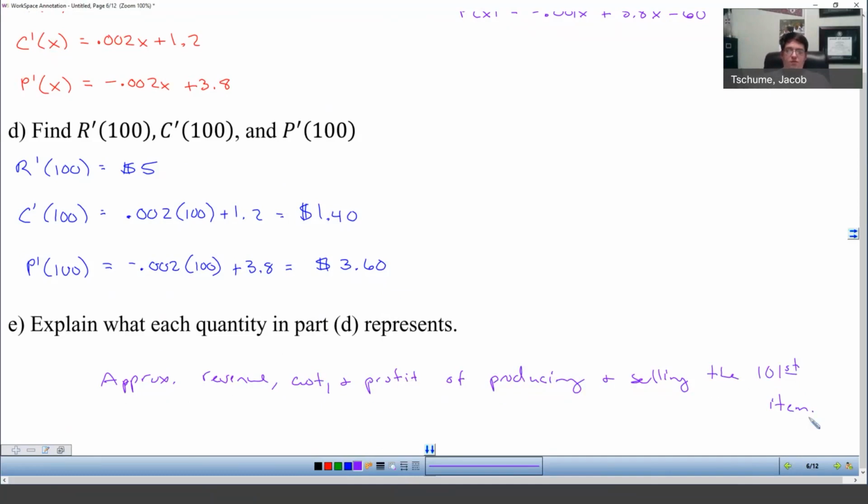So what this says is that if we were to go to the 101st item, we would bring in $5 of revenue. It would cost probably an additional $1.40, but you would bring in an approximate extra profit of $3.60. And that gives you an idea of what to expect as you move through. Is it worth trying to go to the next item based on these approximation values?